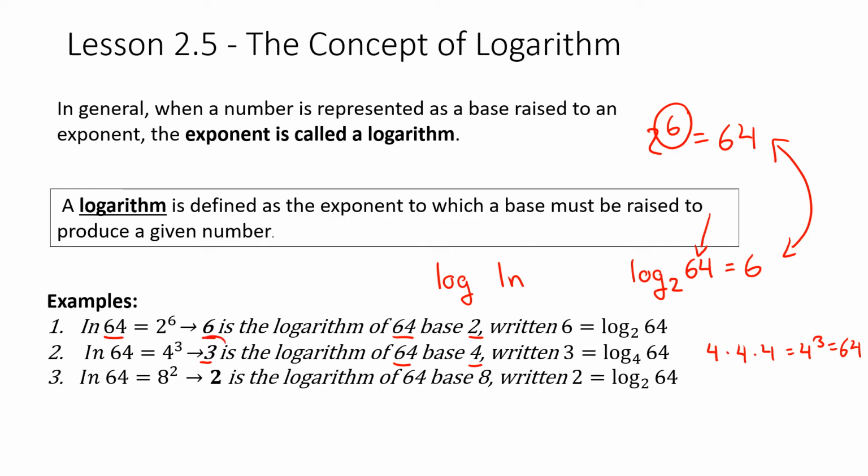So you're solving for that exponent when you use the logarithm button. Lastly, 2 is the logarithm of the same number 64 if the base is 8, and that's because 8 squared is equal to 64. So in each of these instances, it's always the exponent that you're solving for.